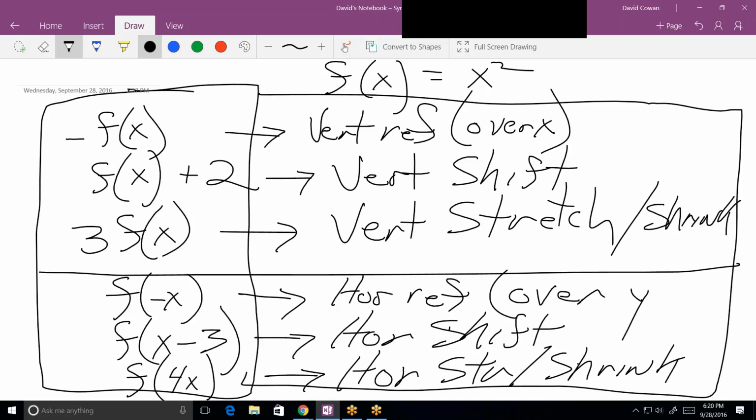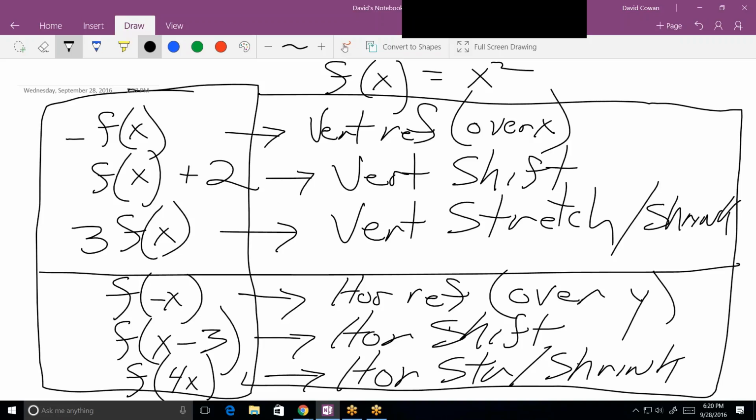When you see f of minus x, you know that it's a horizontal reflection, meaning you reflect it over the y-axis. When you see f of x minus 3, you immediately know that it's a horizontal shift.